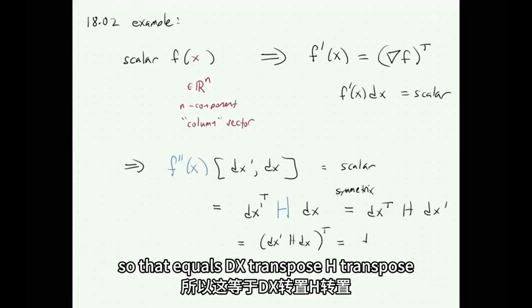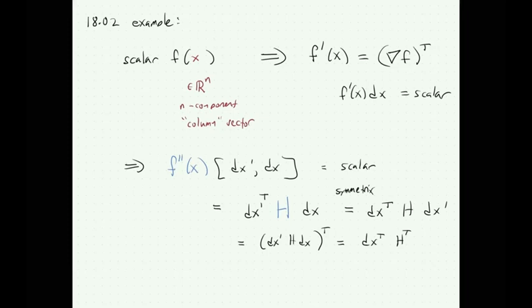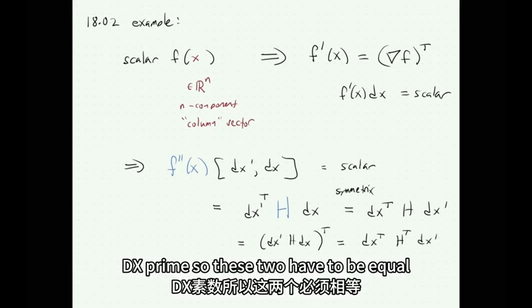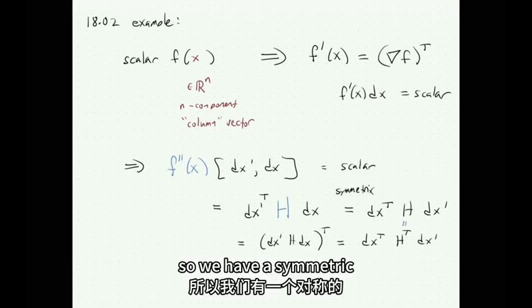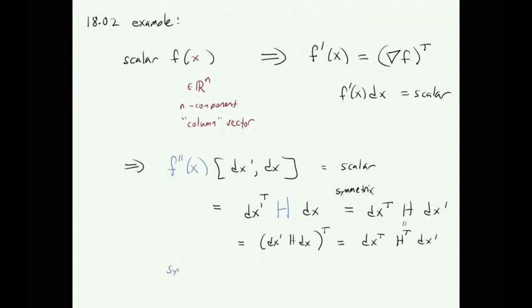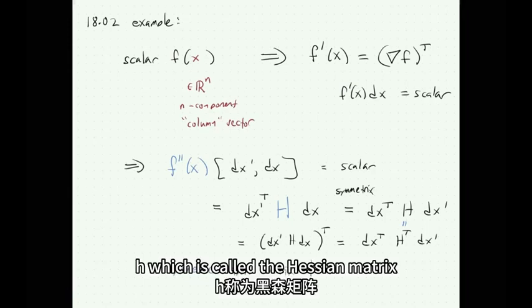So that equals dx transpose H transpose dx prime. So these two have to be equal. So we have a symmetric n by n matrix H, which is called the Hessian matrix.